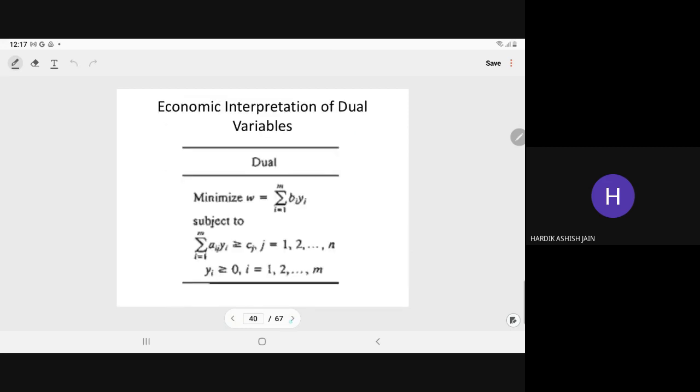So the dual is: minimize W equals summation bi yi, i varying from 1 to m, subject to summation i varying from 1 to m of aij yi greater than or equal to cj for j equal to 1 to n, and all the yi are greater than or equal to 0.